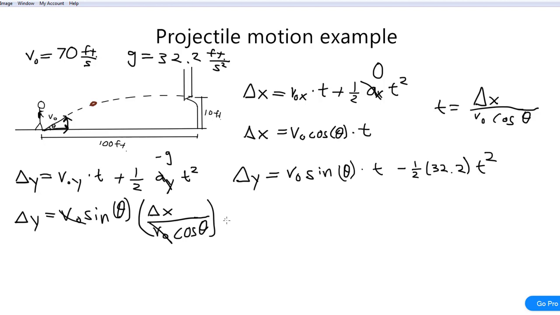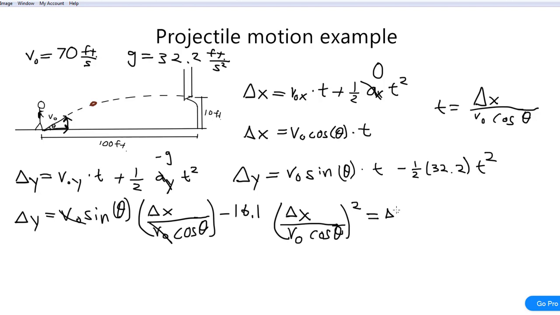And then we have minus 16.1, just because that's what 32.2 divided by 2 is, and then delta x over v naught cosine theta, squared. Now in the end, sine over cosine, if you remember in your trig identities, that's just tangent.